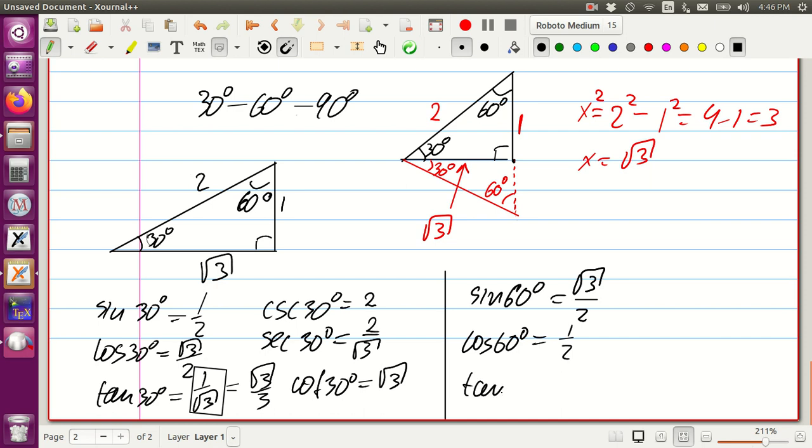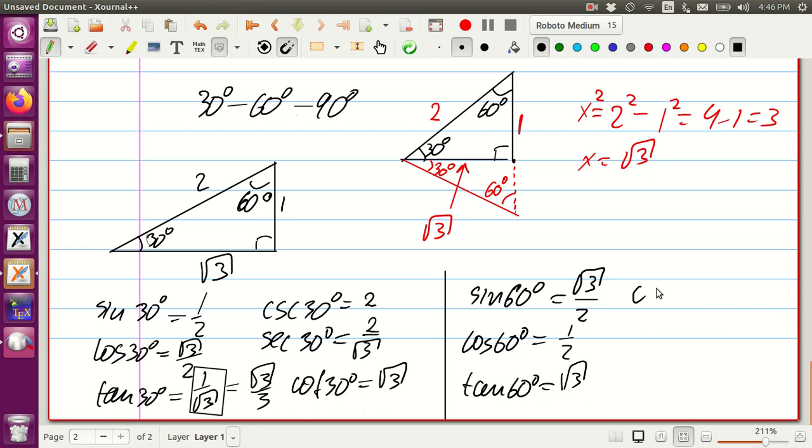And tangent of 60 degrees, it's 60 degrees over here, so it's opposite over the adjacent, so it's going to be square root of 3 over 1, or square root of 3, if we don't really need 1 here.